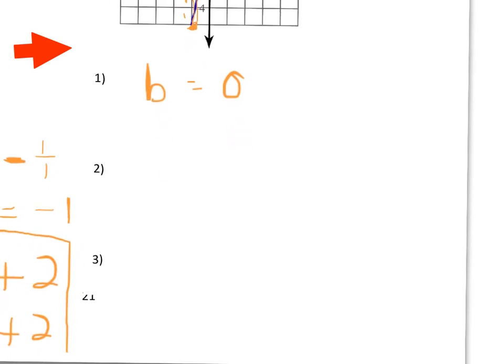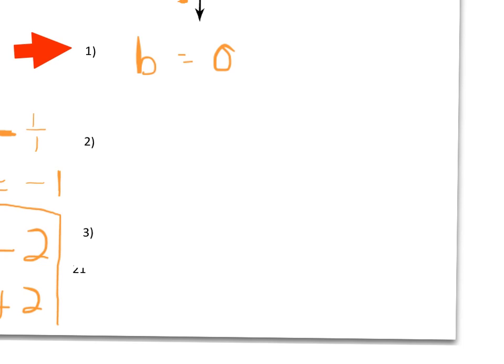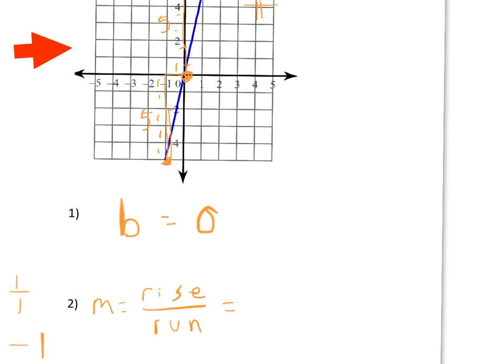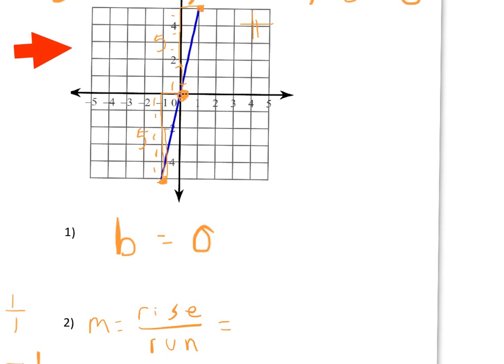Constant means it does not change. So if I go down here, step 2, I'm just going to follow step 2. M equals rise over run. If I look back at my graph, is it positive or negative? If you put your pencil at the bottom of the graph, the very lowest point, and trace the line up, you're going to see your pencil slowly going to the right, which I know is a positive.